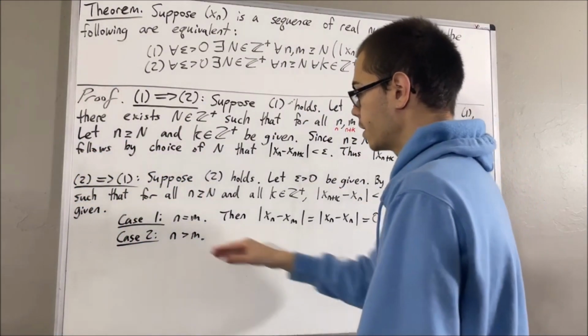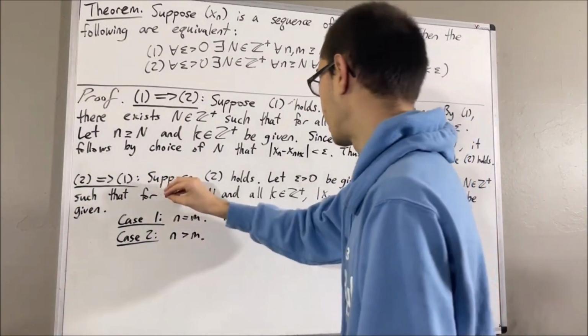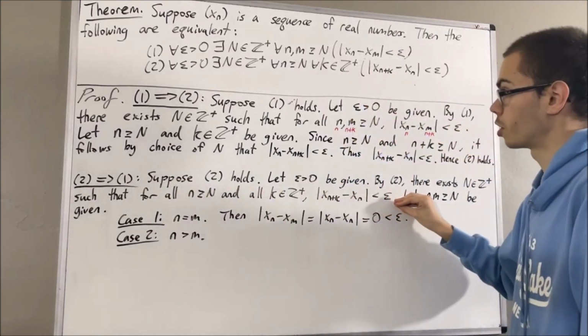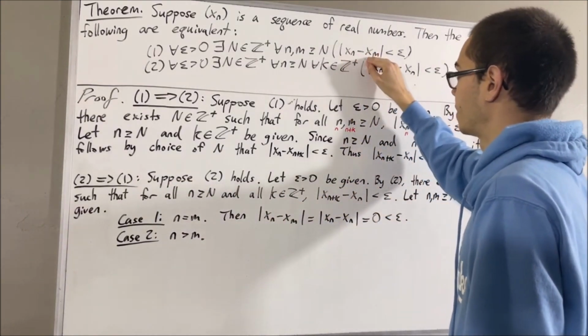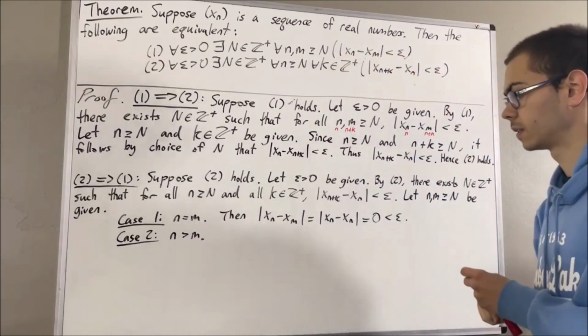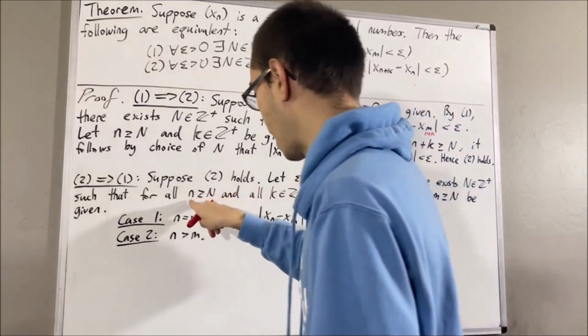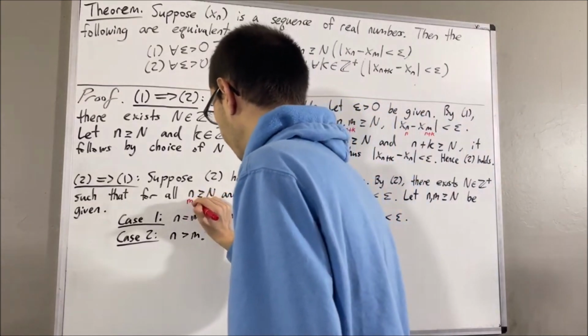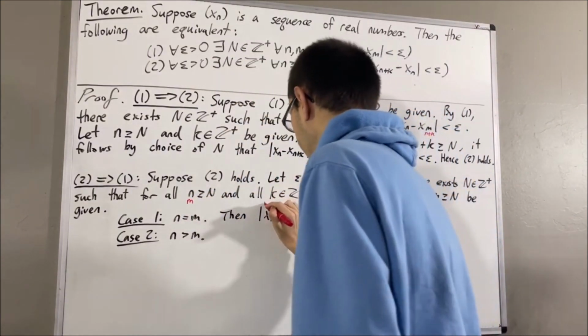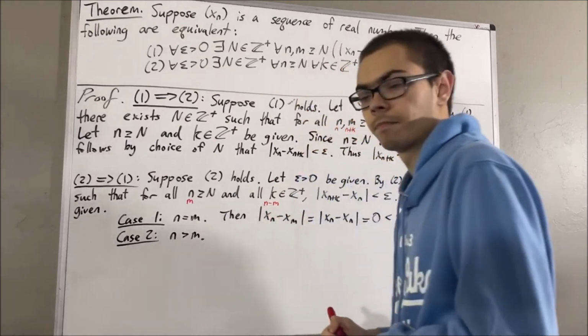Now, in this case, we want to somehow apply this statement in order to show that the absolute value of xn minus xm is less than epsilon. Now, what we can do is we can take n in this statement to be m and k to be n minus m. Right?